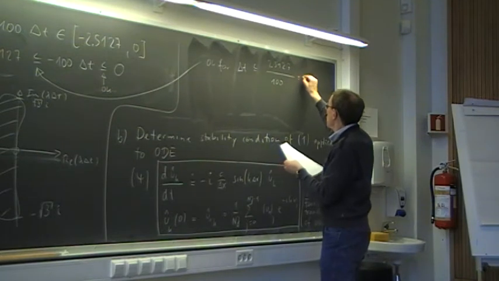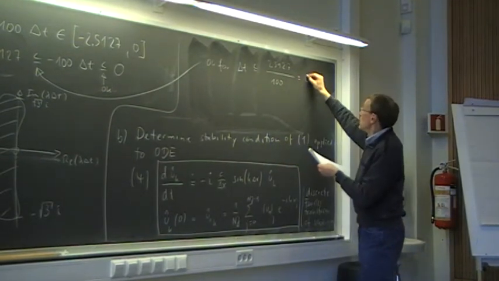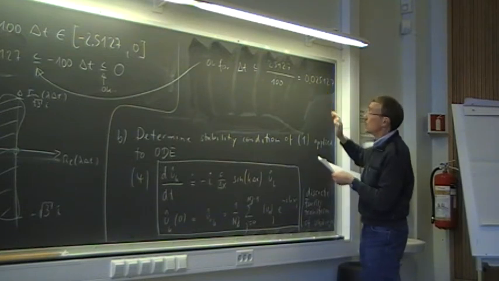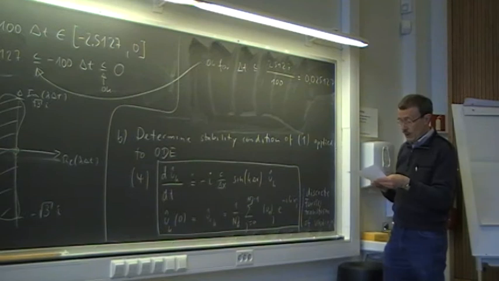So that means our bound is simply 0.025127, so it's a small time step.